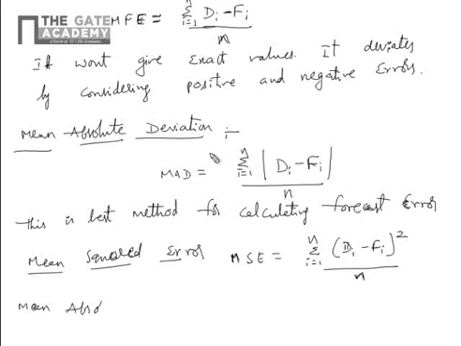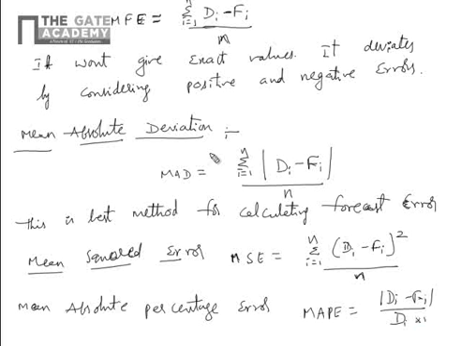Mean absolute percentage error, MAPE, it is also called. Demand minus forecast divided by demand, summed over n, times 100.